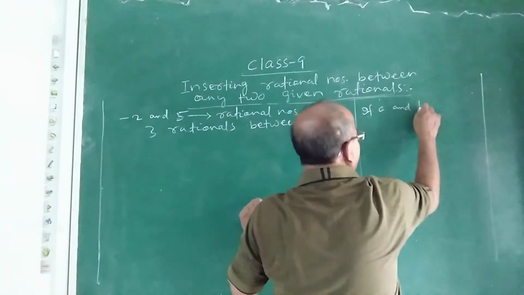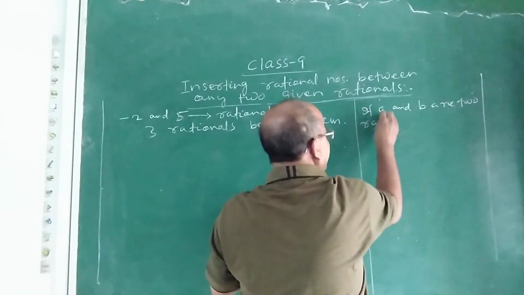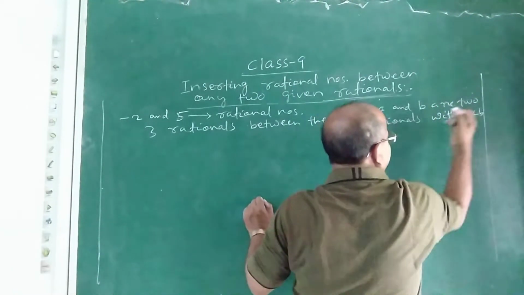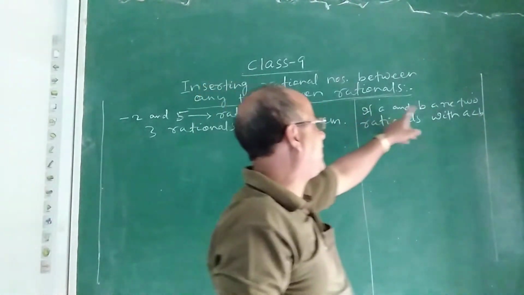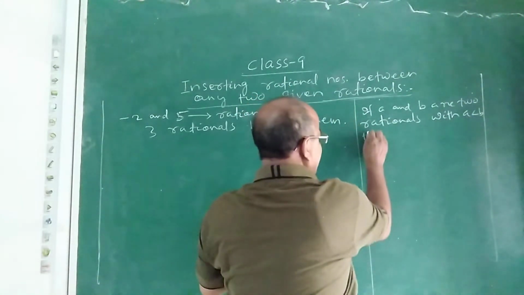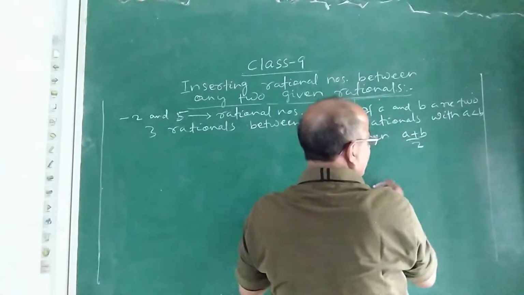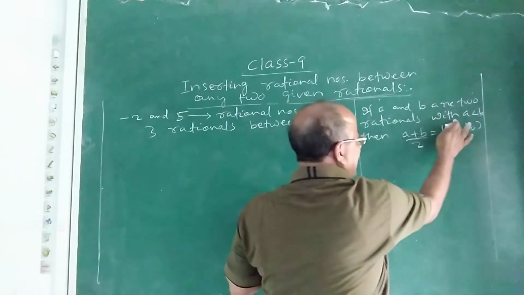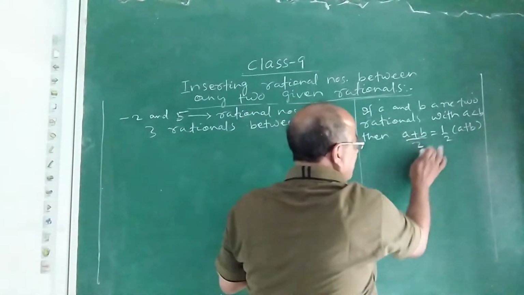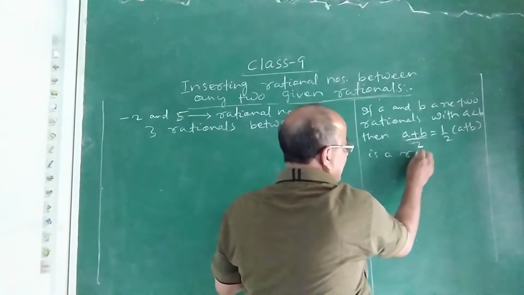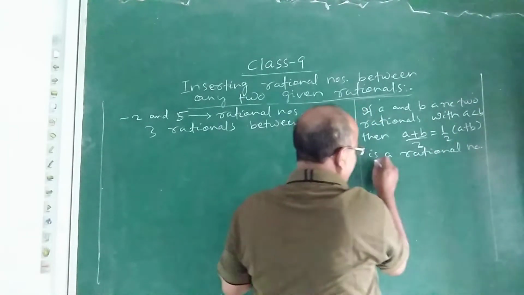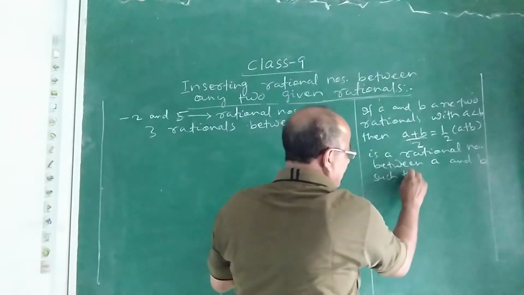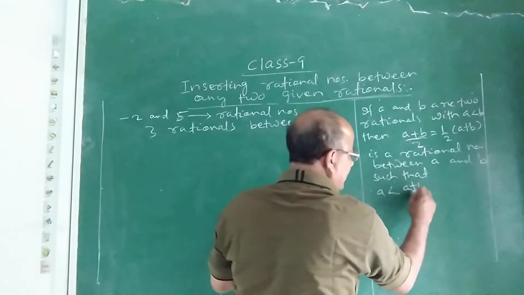If a and b are two rationals, any two rational numbers with a less than b, then a plus b by 2, which is equal to half into a plus b, is a rational number between a and b, such that a must be less than a plus b by 2, which is again less than b.